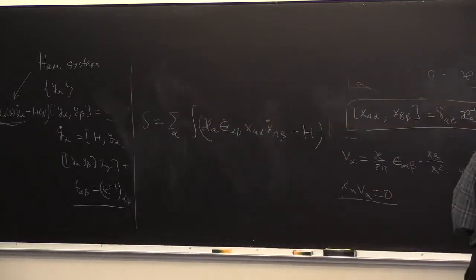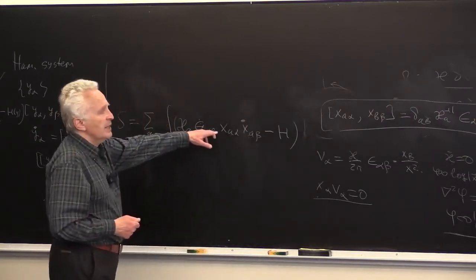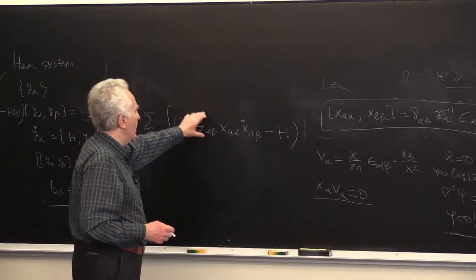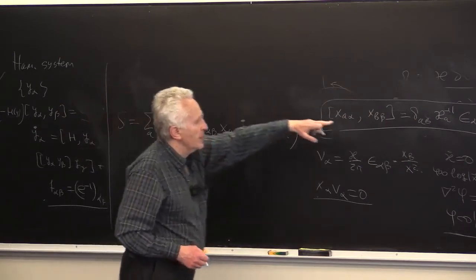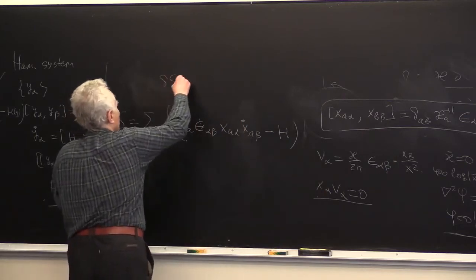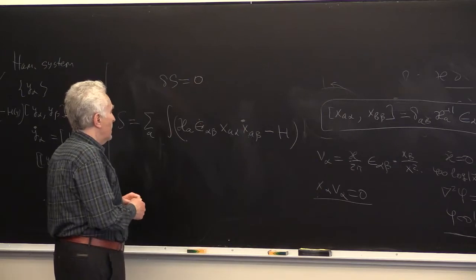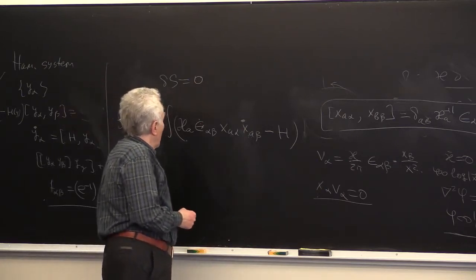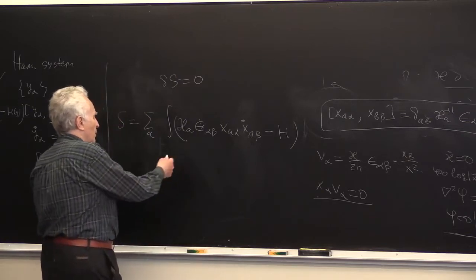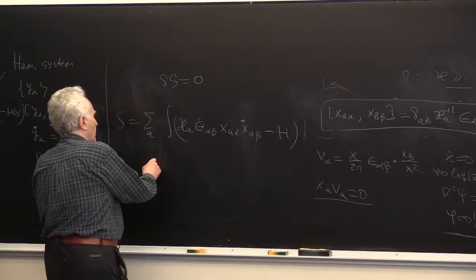Now, if you vary this, remember we had this example. If we vary this, we will get precisely this equation. So the equation follows from the variational principle. And now imagine a particle.